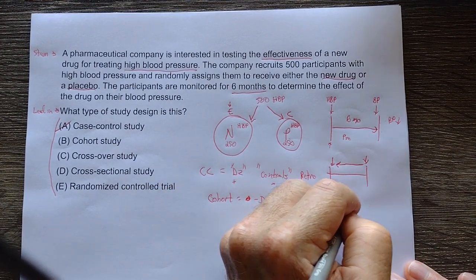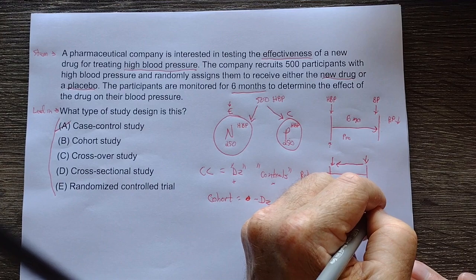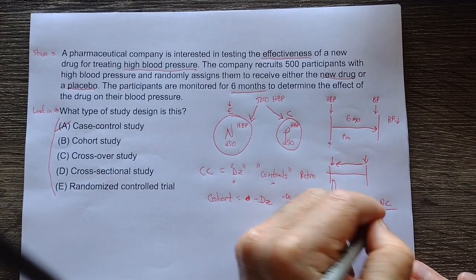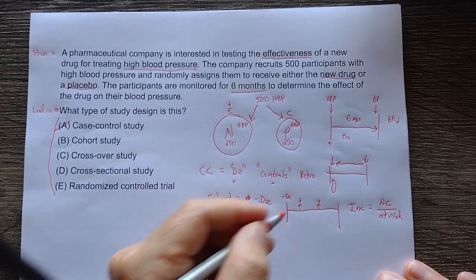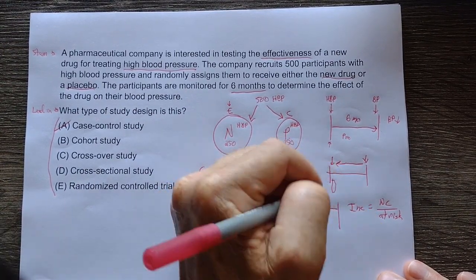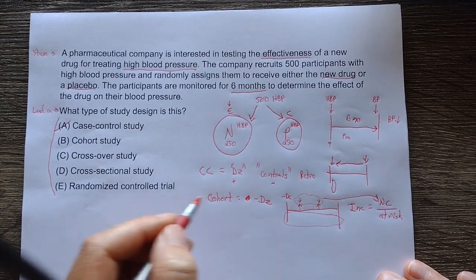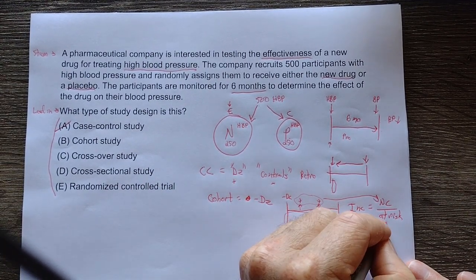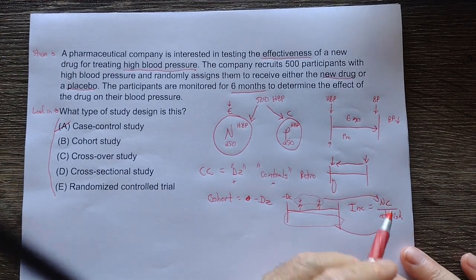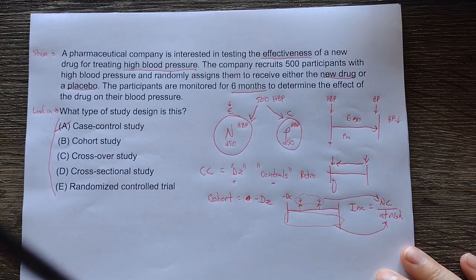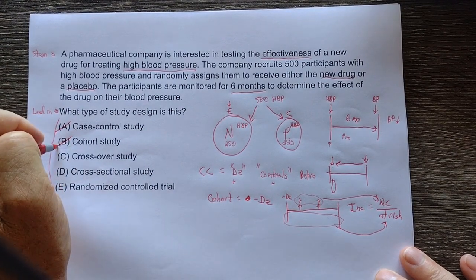And this ends up being the incidence, right? Because the incidence is new cases over those at risk. And the new cases would be these right here, so that would go into the numerator. And this total population here are the ones that are at risk, and that would be the denominator. Hopefully I said numerator, and this is denominator. So hopefully that makes sense. So cohort is not going to work.